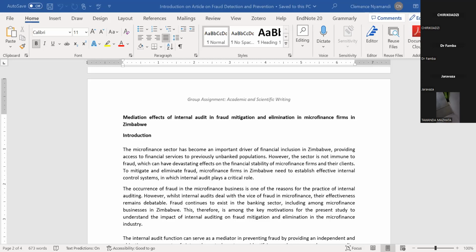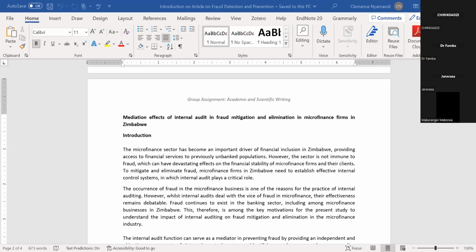The occurrence of fraud in the microfinance business is one of the reasons for the practice of internal auditing, right? I'm saying if already he had said the microfinance sector has become an important driver and has already made some reference there, will it be necessary again to make reference to the first line of the second paragraph?